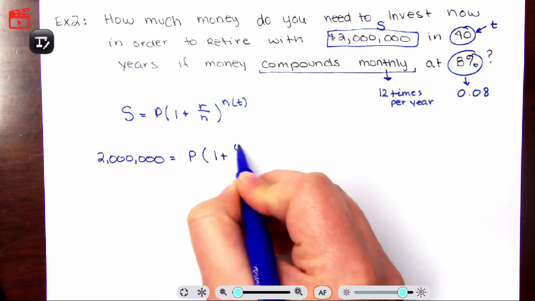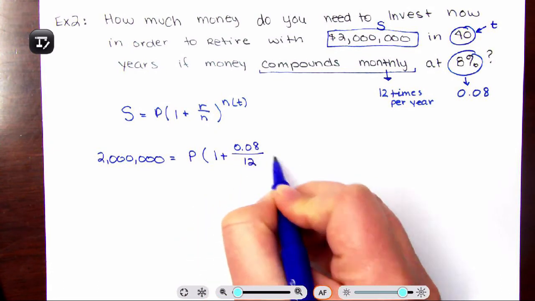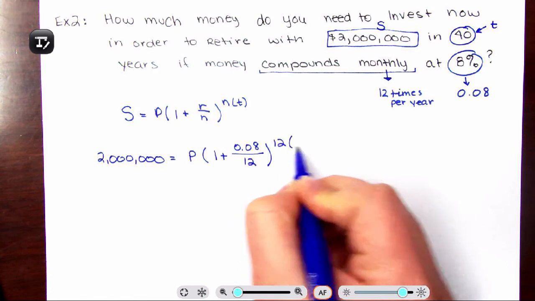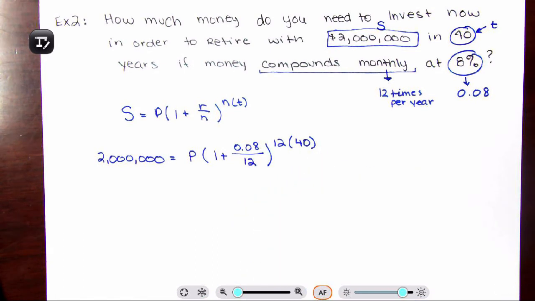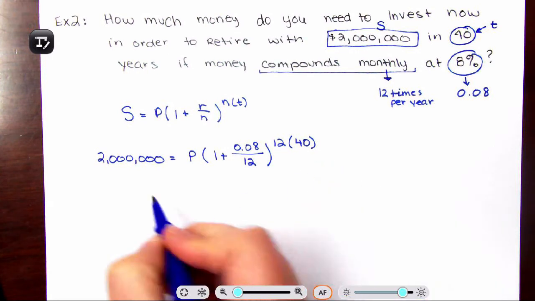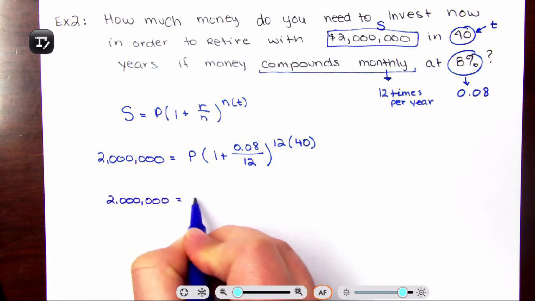Our rate is at 8%. We are compounding 12 times each year, and we are compounding for 40 years total. So we are solving for our P value in this example. 12 times 40, that is 480. So I have 2 million. Be careful with losing some of those zeros.